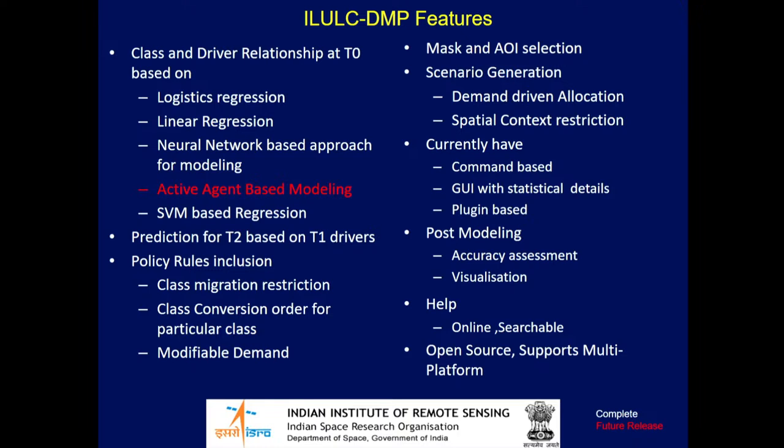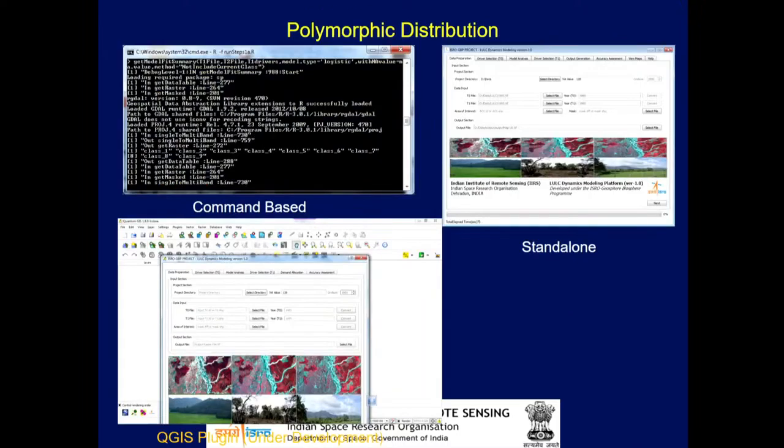This accuracy assessment module not only includes the kappa accuracy based measurement, but also other kappa indices which should be used for land use land cover changes, because the kappa based metric is not considered good for evaluating land use land cover changes. So in those cases we look for other indices, and those are also part of the model. This is just an example or snapshot of the distribution of those data sets.